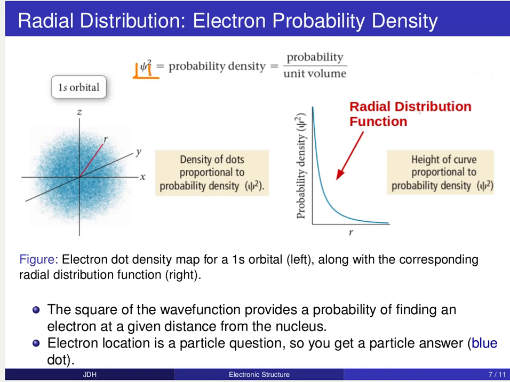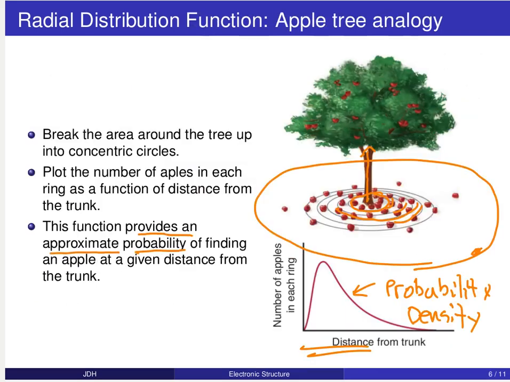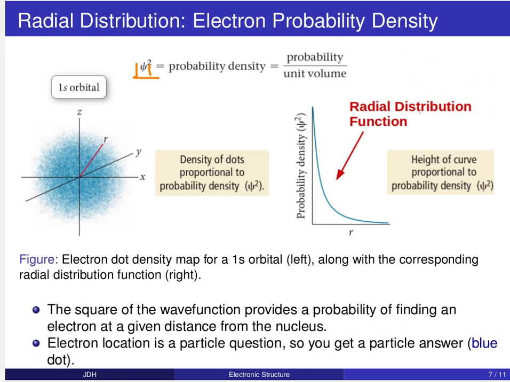Okay, so this probability density is the probability of finding an electron in that given region of space. Just like on the previous slide, we saw this was the probability of finding an apple within a given region of space.